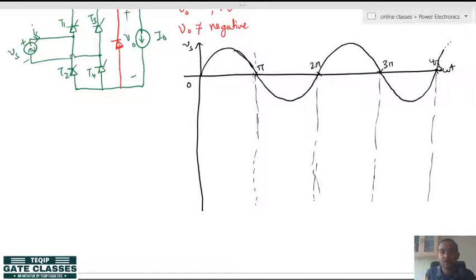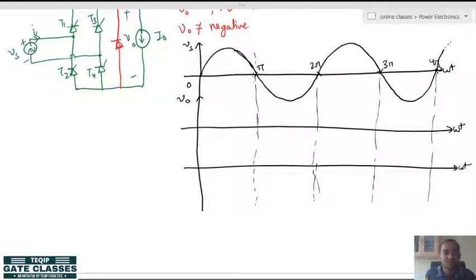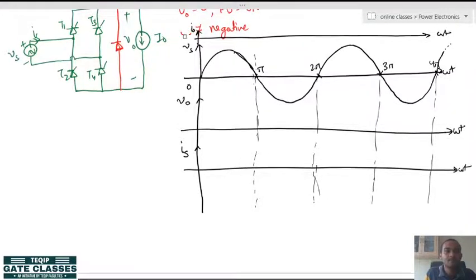Let us draw the output voltage, and let us draw the source current, because we have already taken load current as constant. If you want to draw the load current here, you can. So, load current I am taking as a constant I naught.